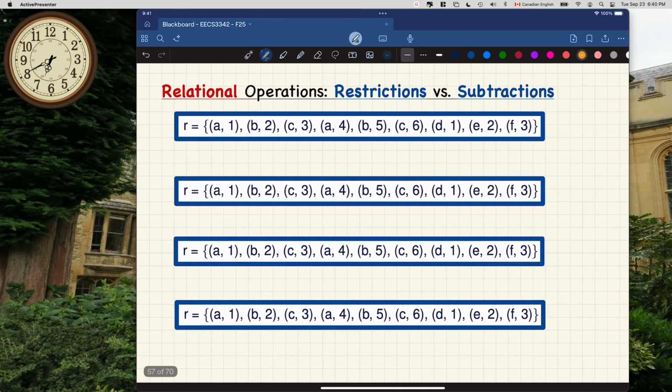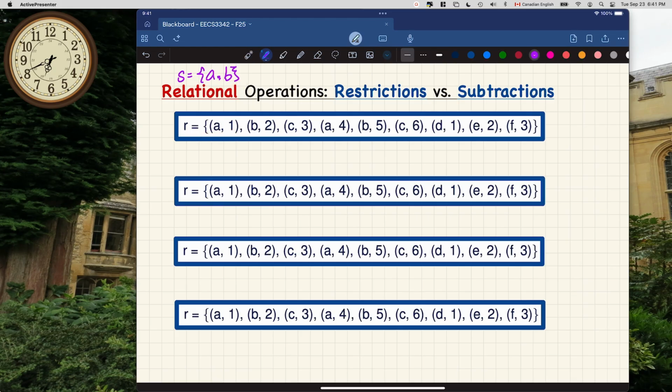Okay, so we are basically talking about the same relation right here, and let's say the little s we're talking about is AB. We're going to talk about the same relation, domain restricted to this, or domain subtracted by this, and so on. Let's talk about each one of them.